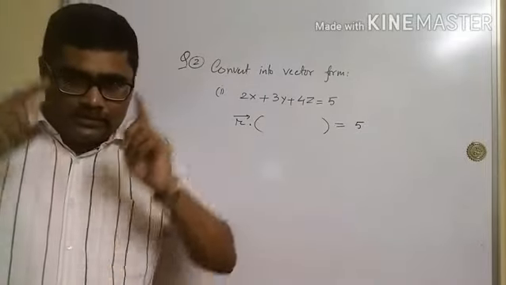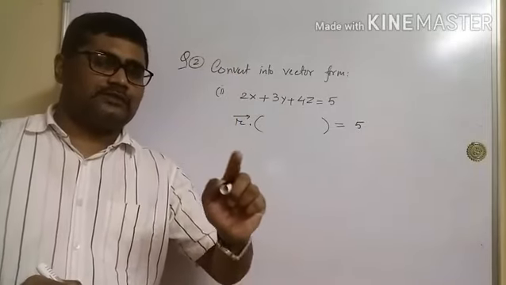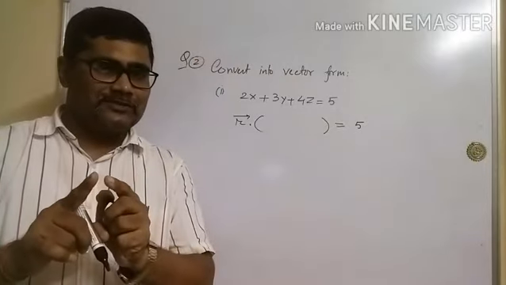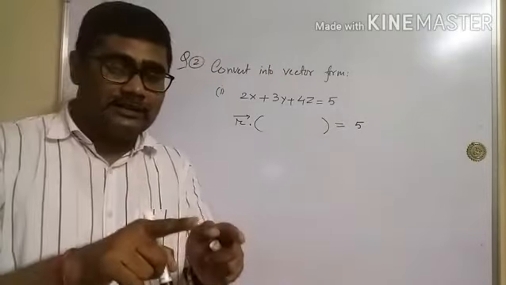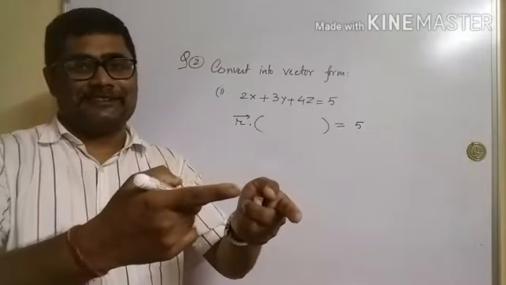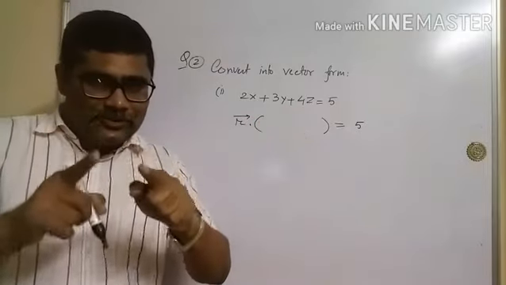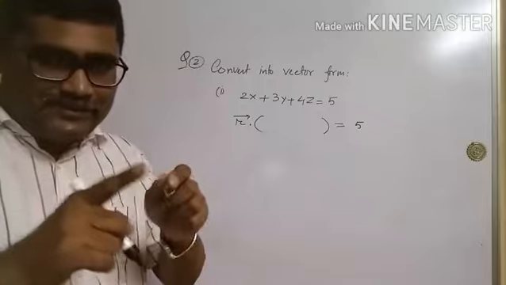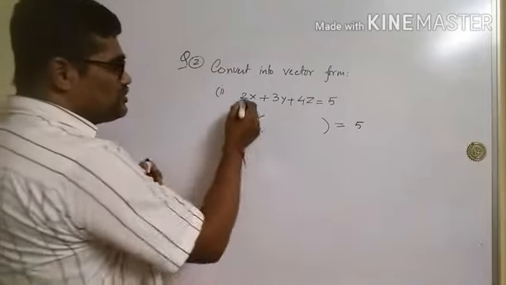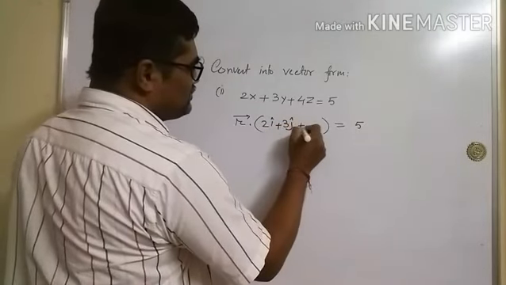Just try to remember the conversion. When vector form is converted to Cartesian form, components of the vectors become the coefficients of x, y, z. Now the reverse process. If I have the general form in Cartesian form, coefficients of x, y, z will become the components of the vector. So 2 will become 2 I cap, 3 j cap, 4 k cap.